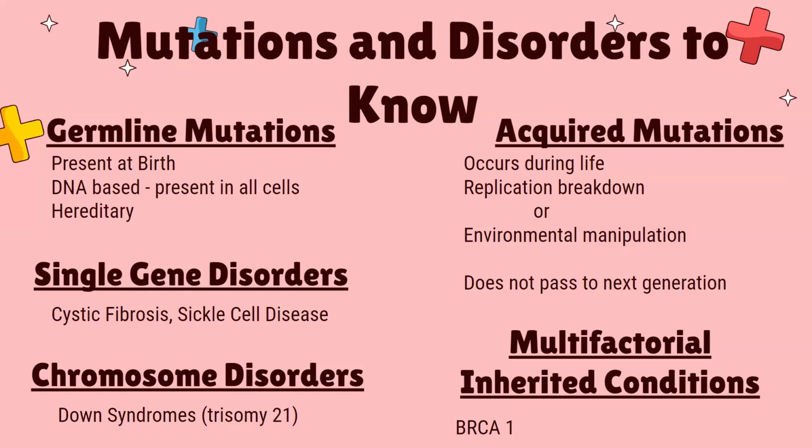Now, the 3 types of disorders that we have are single gene disorders, chromosomal disorders, and multifactorial inherited conditions. So a single gene disorder is one gene malfunctioning across the entirety of the body, where we see very systemic involvement. For example, cystic fibrosis and sickle cell disease.